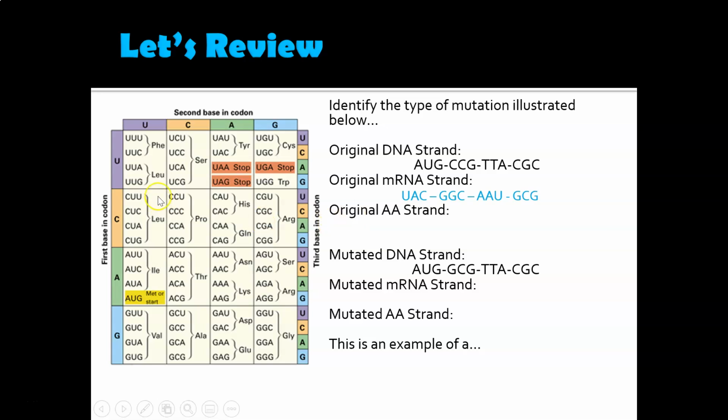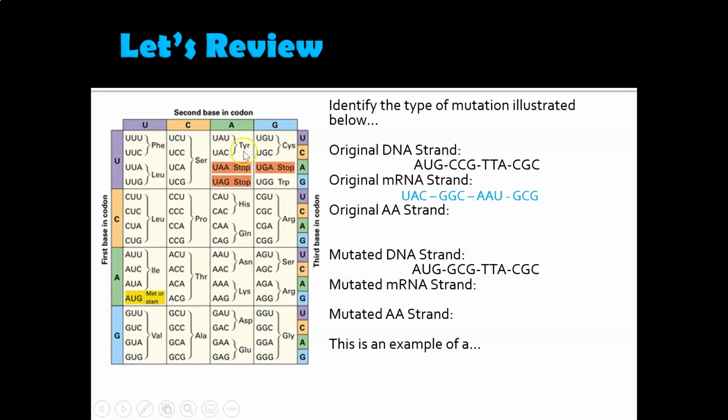translate it. So remember, when we look at this, here's that first base, so that goes across these original rows. If I'm starting with a U, that means I'm somewhere up here in this top row. And then my columns from there tell me my second base. So U, and my second base in this case is an A. So now I know I'm somewhere in this box right here.